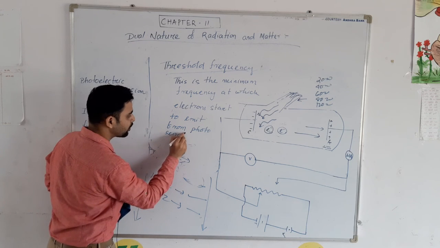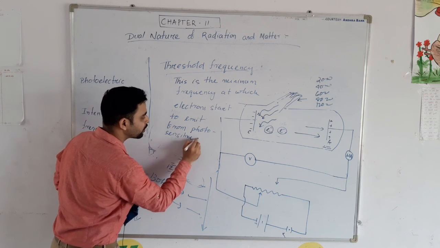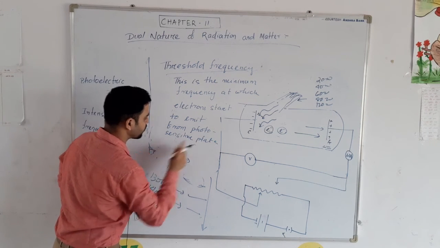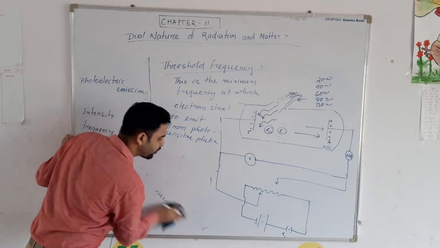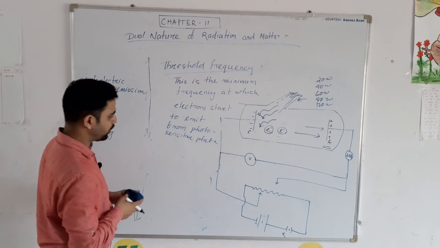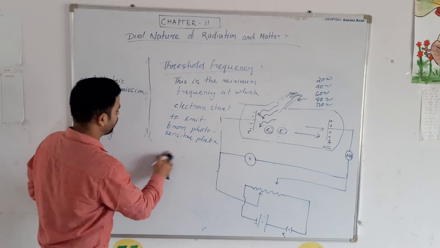So this is called your threshold frequency. In this example, the threshold frequency was 126 Hz.